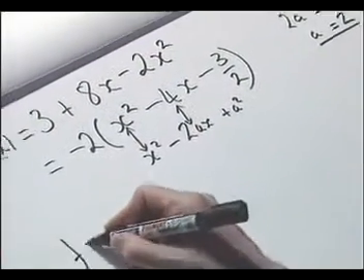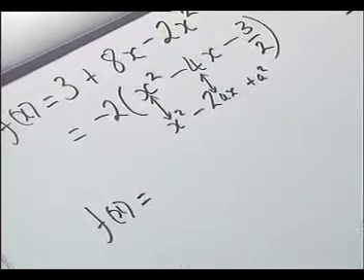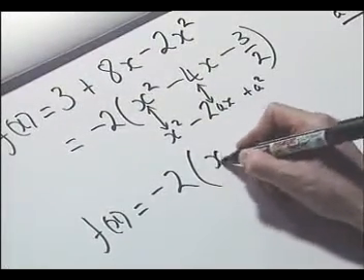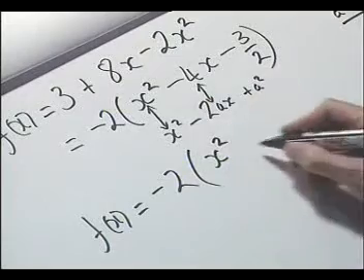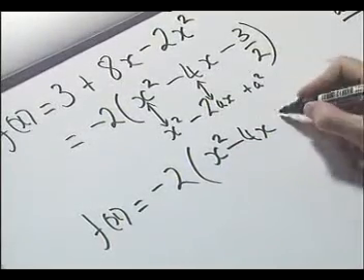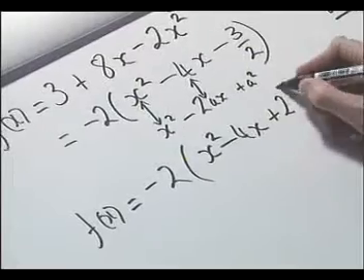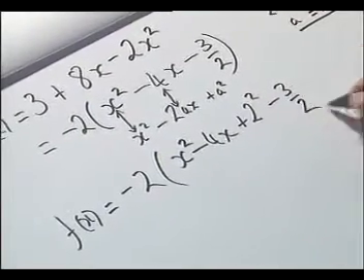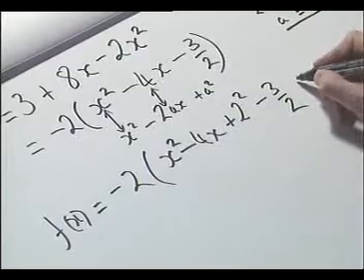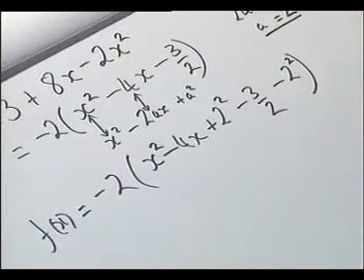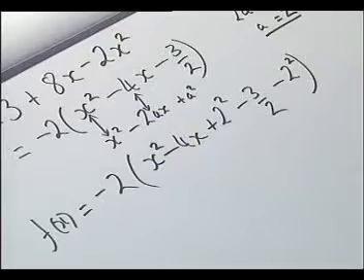So our f of x is going to be minus 2 x squared minus 4x plus a squared, so that's plus 2 squared, minus the original 3 over 2, but we've added on a 2 squared, so we need to take it away again to keep the balance, to keep the equality.